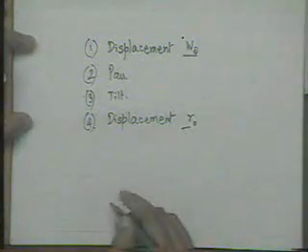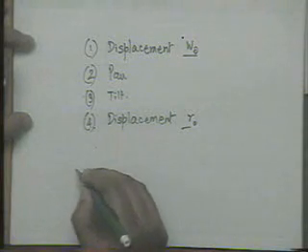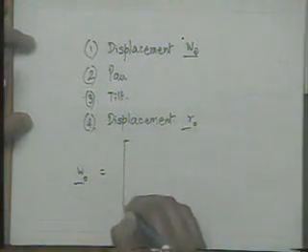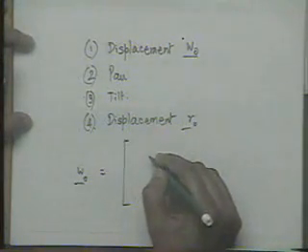Now, the displacement W0, and how can we indicate that? Its components, let us assume the components for this displacement vector to be x0, y0 and z0.